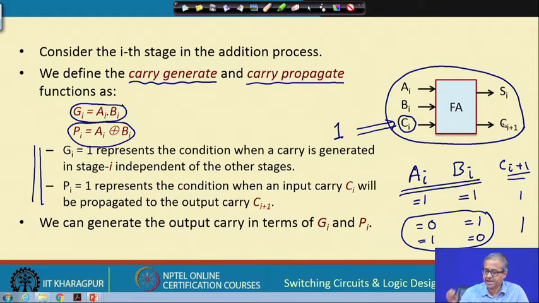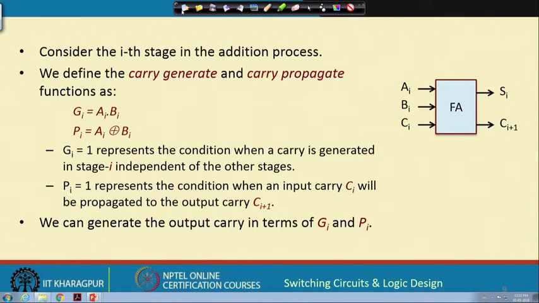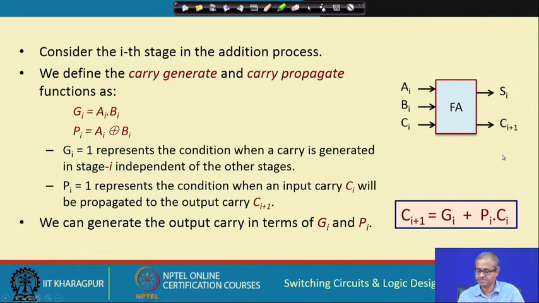Now, the output carry C I plus 1 we can express in terms of P I and G I. We can simply write that the carry output is 1 if either there is a carry generated, or the carry propagation condition is true and C I is 1, there is an input carry.